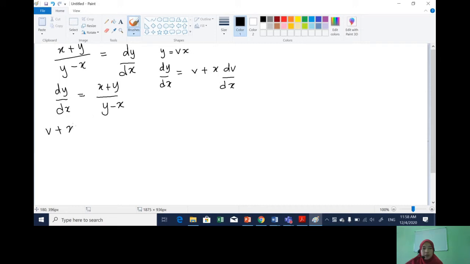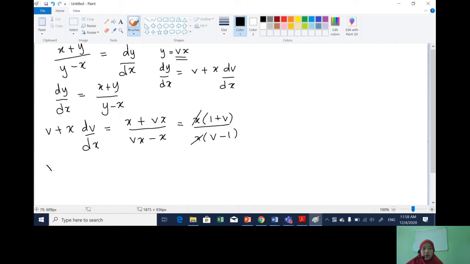We just write it like this, equal to x plus, y changed to vx, so x plus vx over vx minus x. Okay, see that there is a common factor, so this x can be cancelled out. We have 1 plus v for the numerator and v minus 1 for the denominator, so x can be cancelled out.